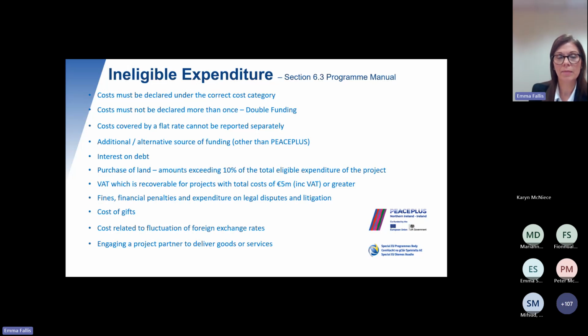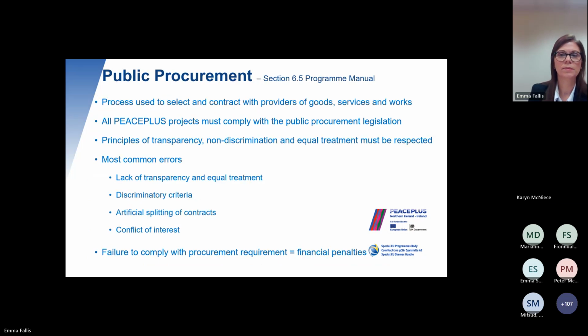You cannot include them in a procurement process and ask them to deliver those works on a commercial basis. Activities completed or payments made after the project end date, which is outside the eligible period, are also ineligible.